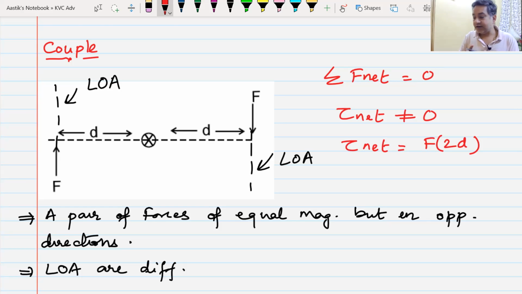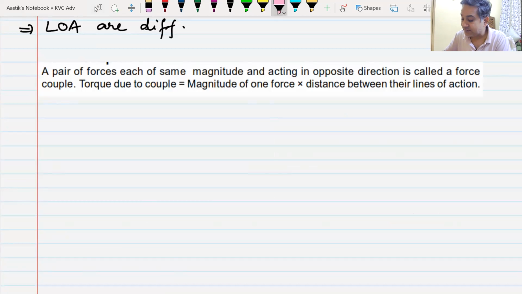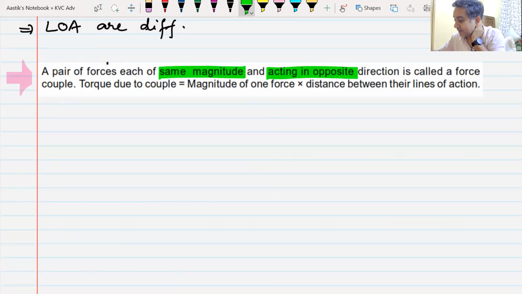If you want to write it in better language, a pair of forces of the same magnitude acting in opposite direction with different lines of action is known as a force couple. What is the torque due to a couple?